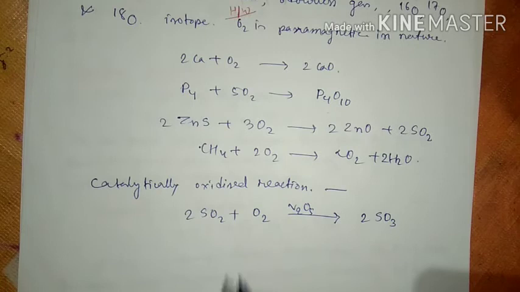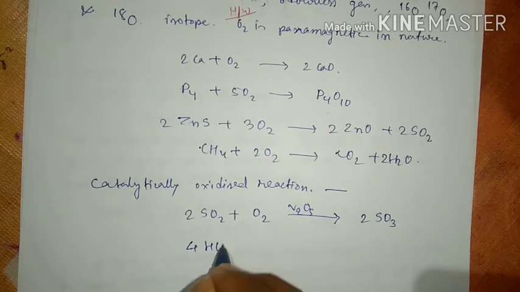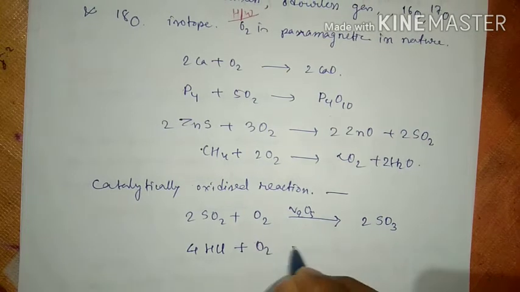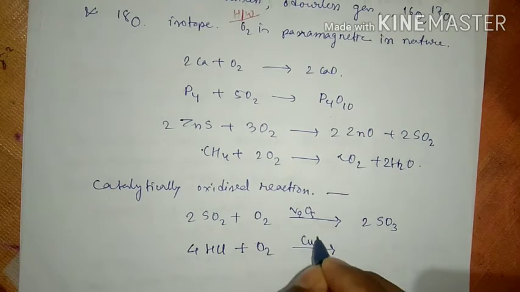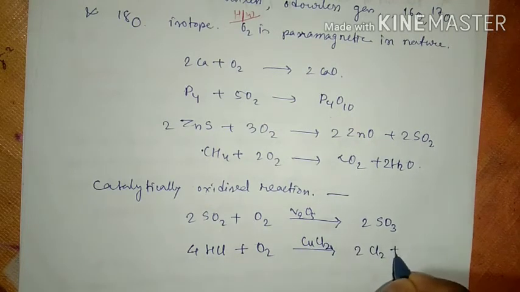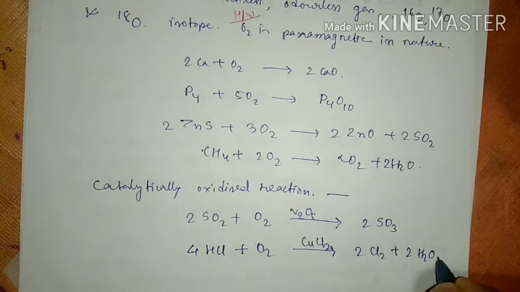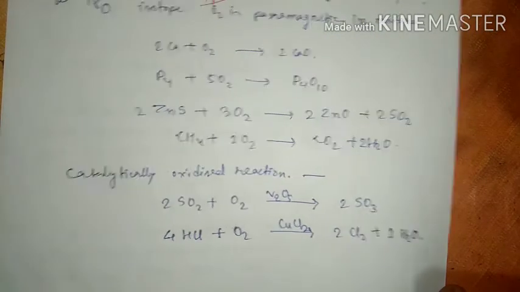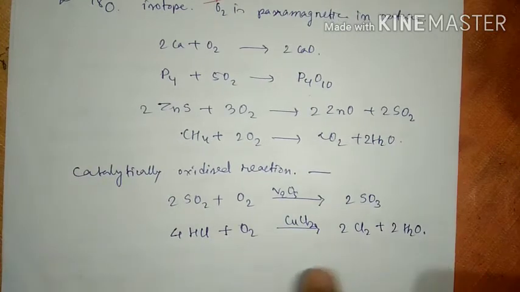Another example, when 4 moles of hydrogen chloride, that means hydrochloric acid, reacts with O2 in the presence of copper chloride as catalyst, it produces 2 moles of chlorine gas and water. Okay. Next thing is the uses of O2.